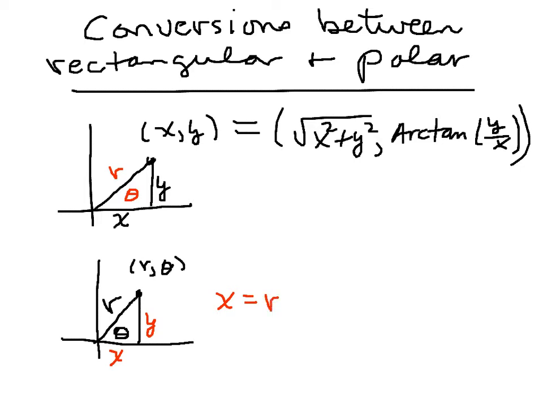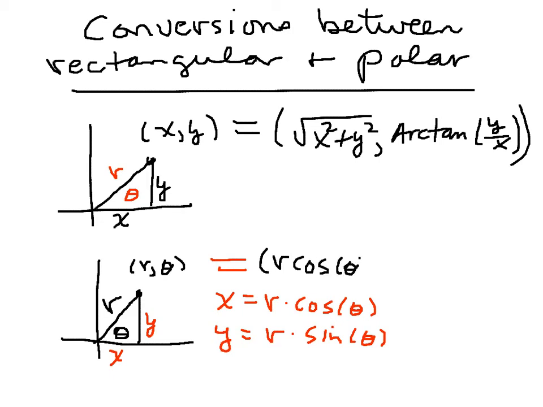So that means x is equal to r times the cos of theta, and similarly y is equal to r times the sine of theta. So the coordinates of this point, written in rectangular form, are r cos theta, r sine theta. And so you see exactly why trigonometry is such a prerequisite for calculus.